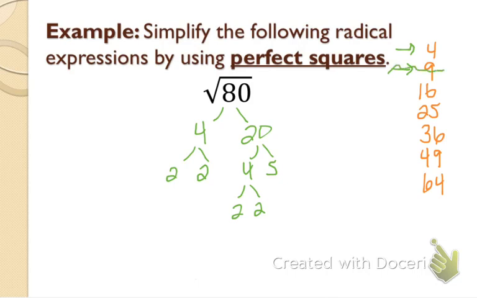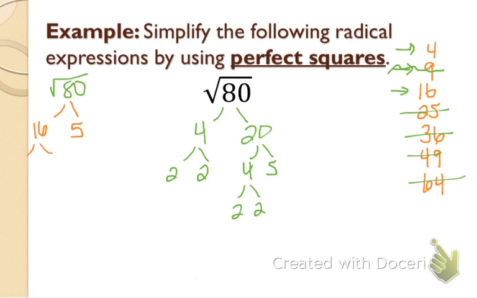No, it's not, so it's out. 16. Would 80 be divisible by 16? The answer is yes. 25 wouldn't, 36 wouldn't, and all these numbers would already be way too large. So we could also have done square root of 80 and used the factor of 16. And then we would have had 16 times 5.